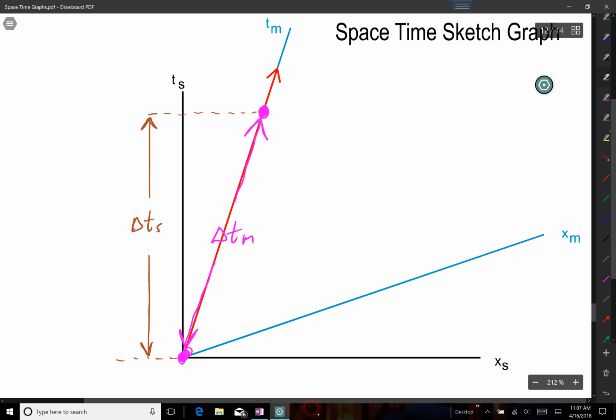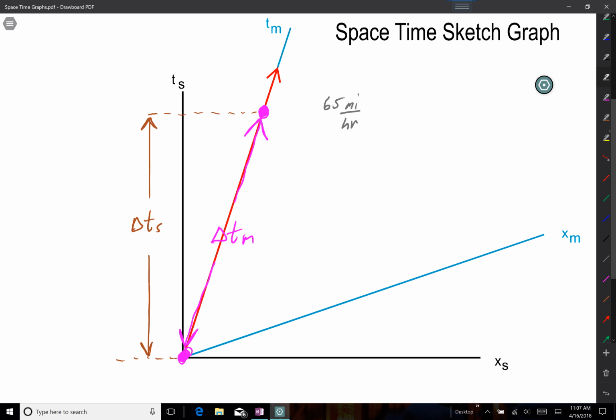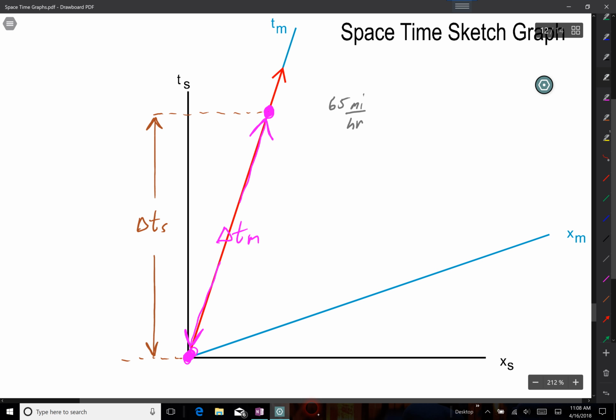We have 65 miles per hour. We also have the distance that was traveled.